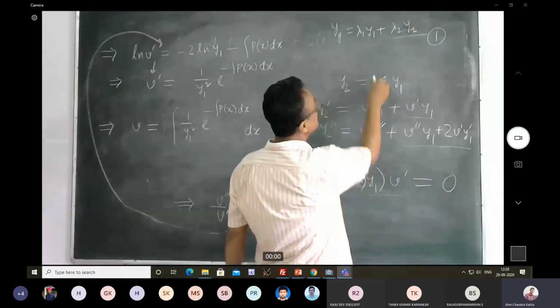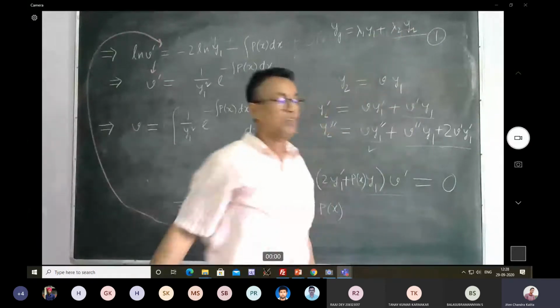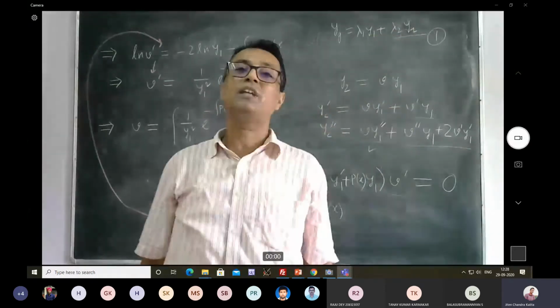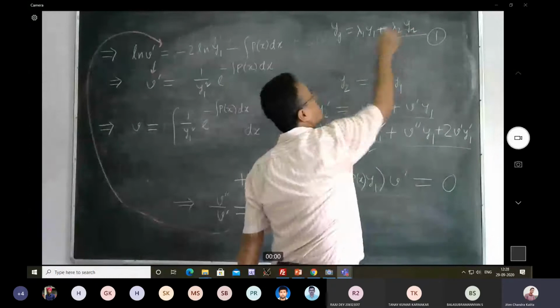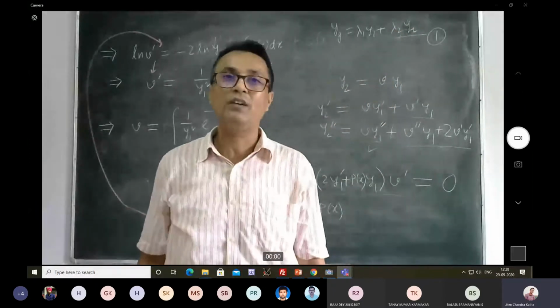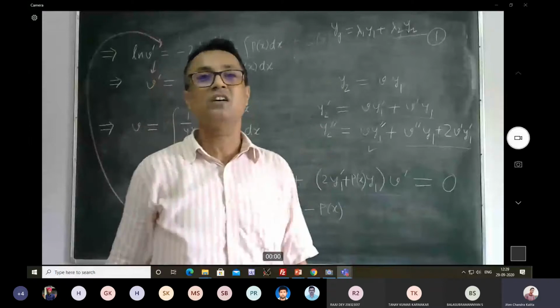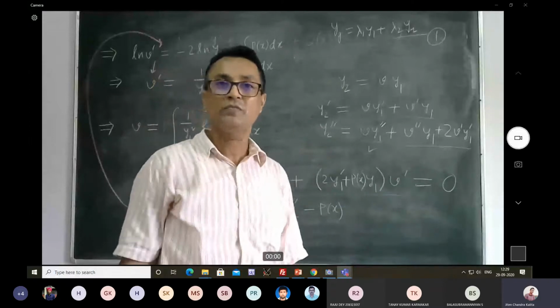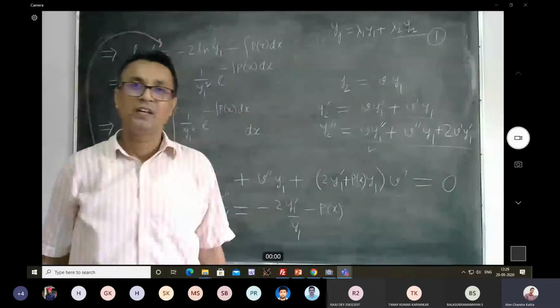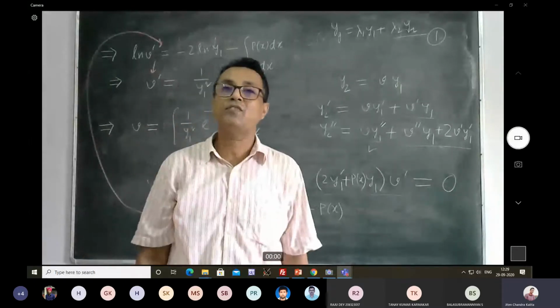So this constant of integration I could easily absorb with that constant here, lambda 2. Is it okay with everybody? So that is why whether you have a constant of integration there or you don't have, it doesn't matter. Is it okay? Fine.